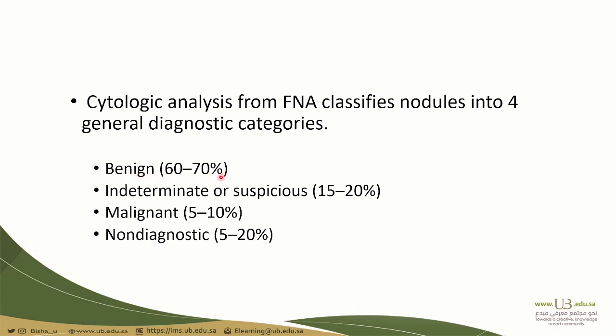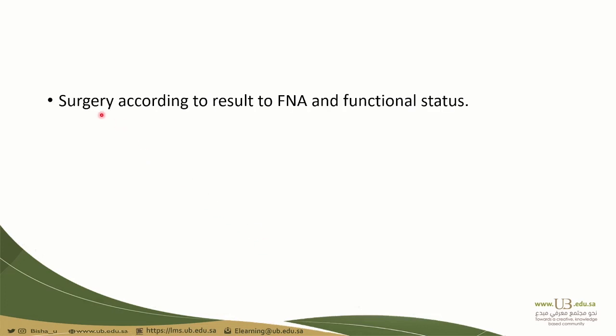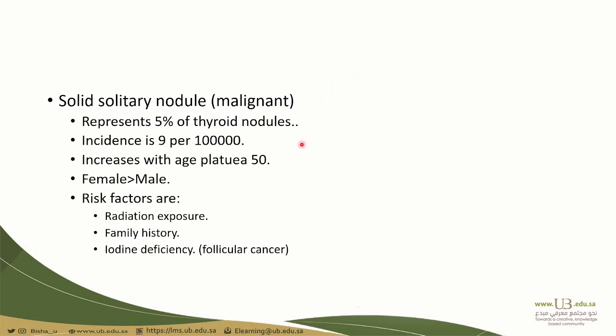Usually benign we observe; indeterminate and malignant, we will do surgery for them; and non-diagnostic we have to repeat twice. We have to repeat that FNA twice in the non-diagnostic category. As we said, the surgery is according to the result of the FNAC and the functional status of the thyroid.